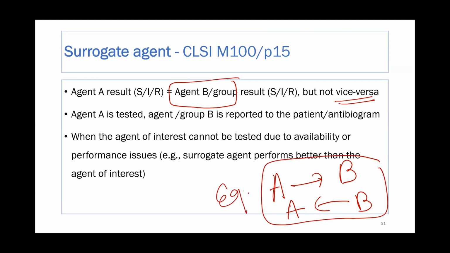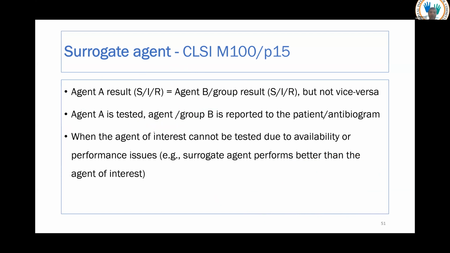Whereas for surrogate marker, you cannot report the other way around. And usually, what you are testing is only for testing, not for treatment. What you are reporting is usually given as a treatment to the patient.